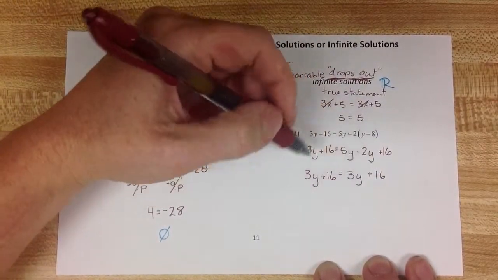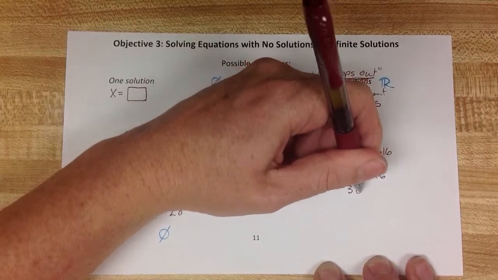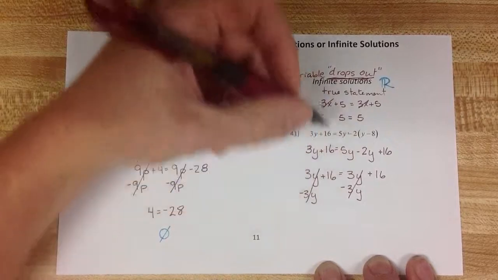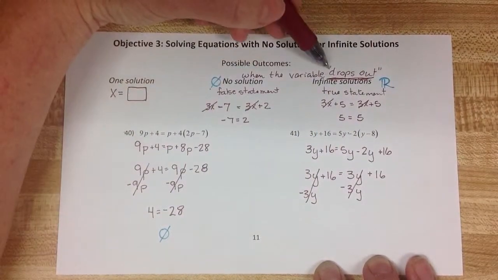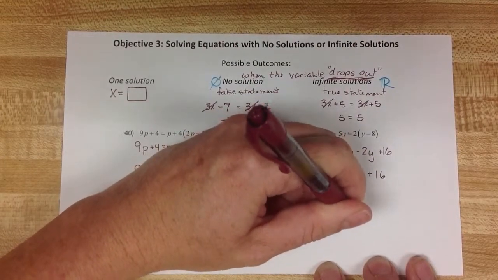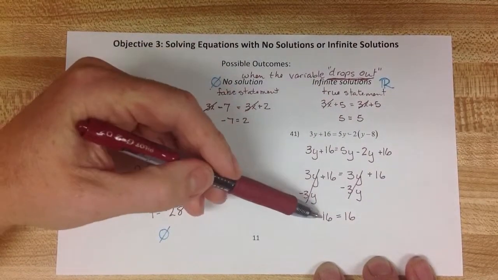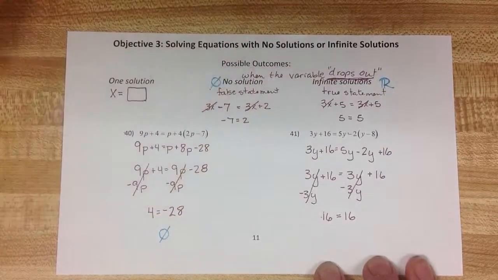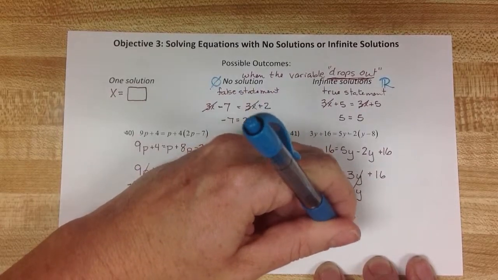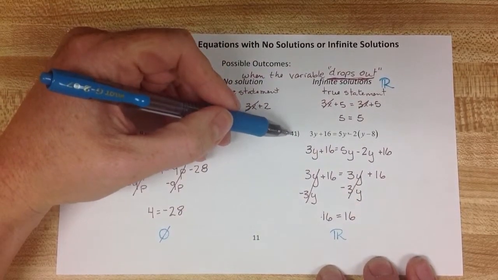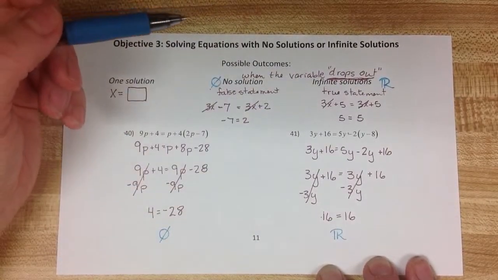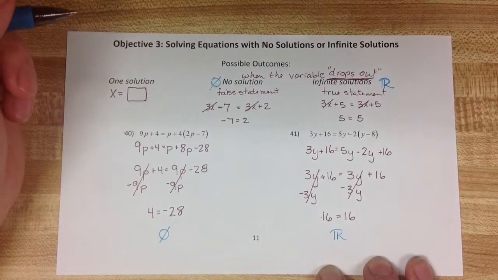Then I bring all my variable terms to one side, subtracting 3y on both sides. Once again, the variable term drops out, and I'm left with 16 equals 16. Since that is a true statement, 16 does equal 16, the solution to problem 41 is infinite solutions, or all real numbers, represented with the funny looking R.